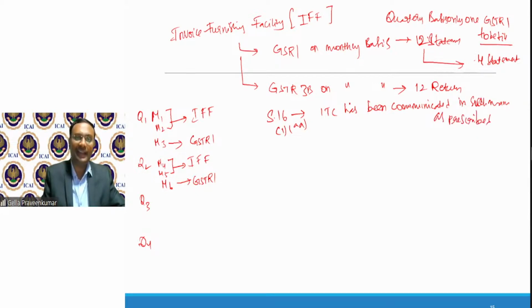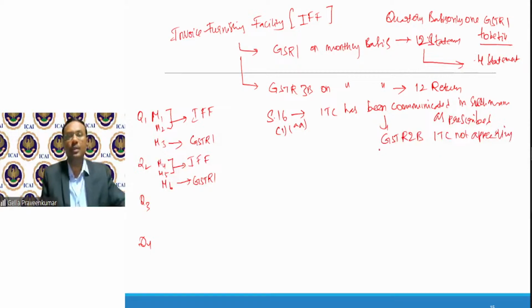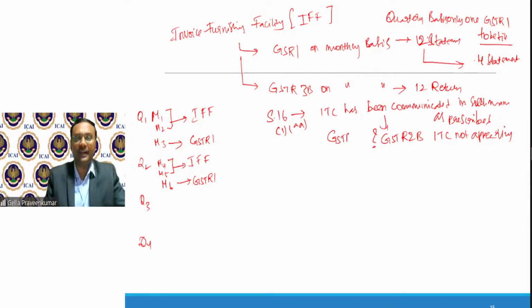Indirectly, they led that unless in GSTR-3B the ITC is appearing, the customer cannot claim ITC. This is what they say. How will the GSTR-3B update? When GSTR-1 is filed.